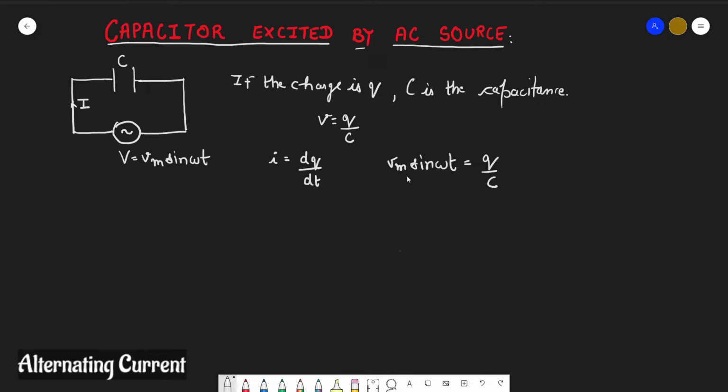Now if I differentiate this equation, obviously Vm is constant, omega will be outside, it is also constant, and the differentiation of sine omega t is nothing but cos omega t.